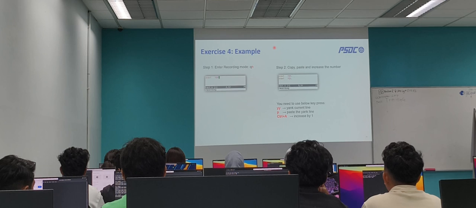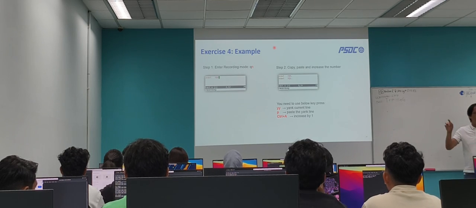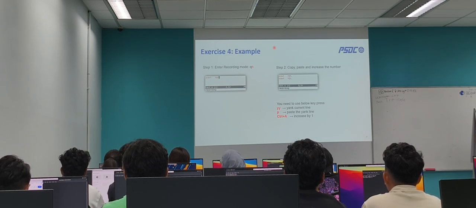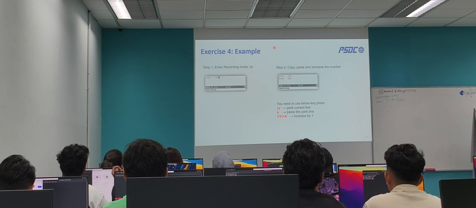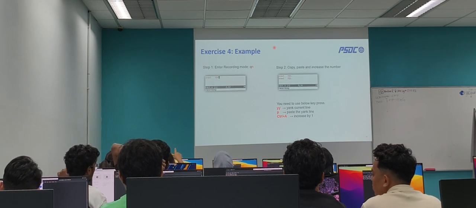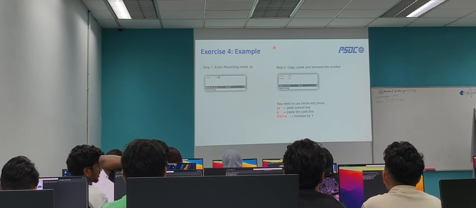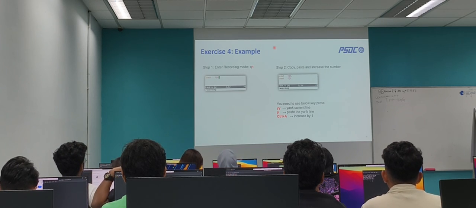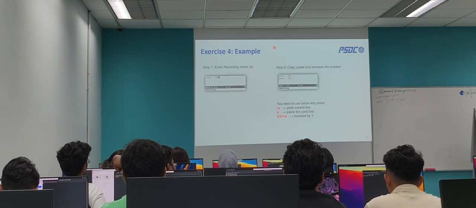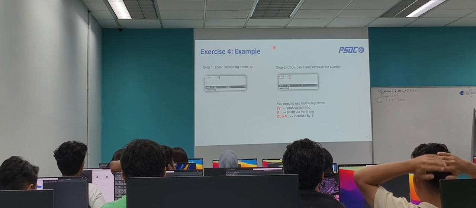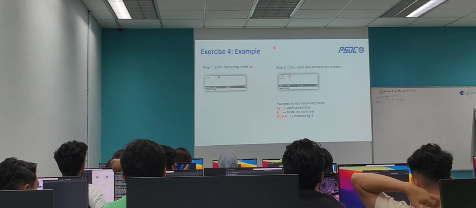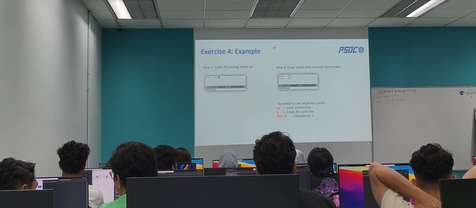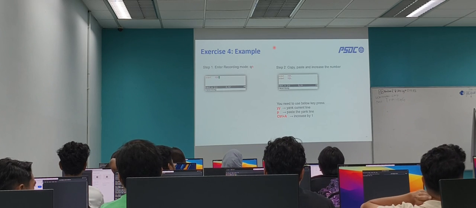So what is meant by recording? It means I record all the keystrokes. Because later on, I want to repeat that message 200 times. I don't have to type 200 times. I just type, okay, repeat. After I log the series of keystrokes, I ask it to repeat this, and it will repeat.